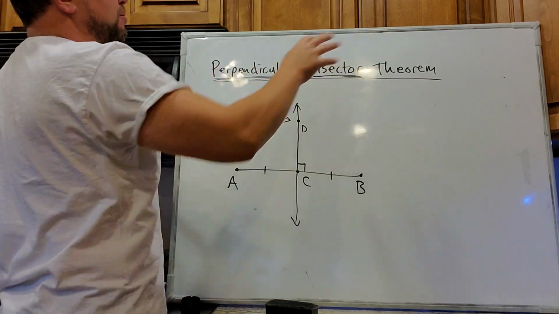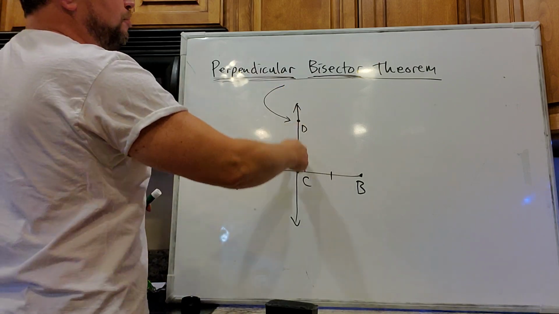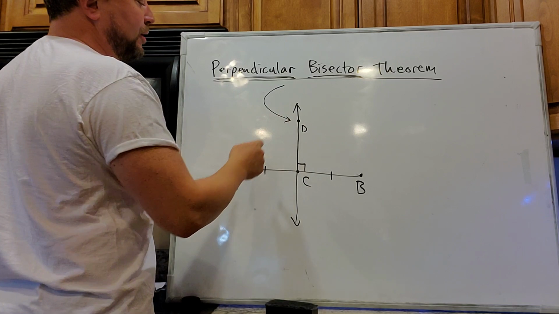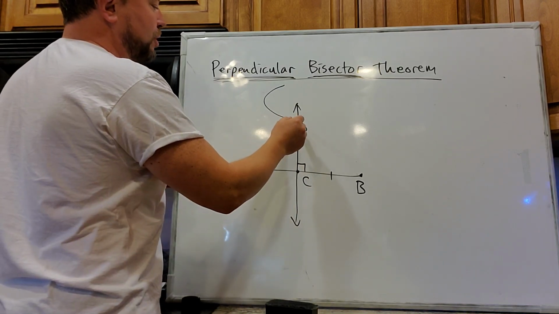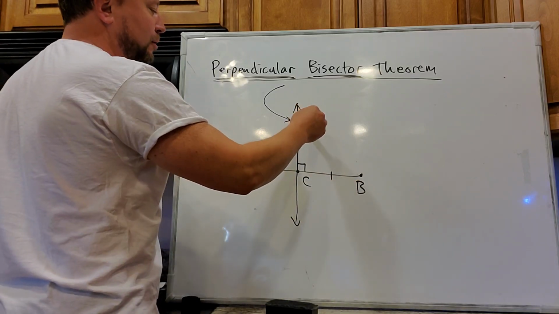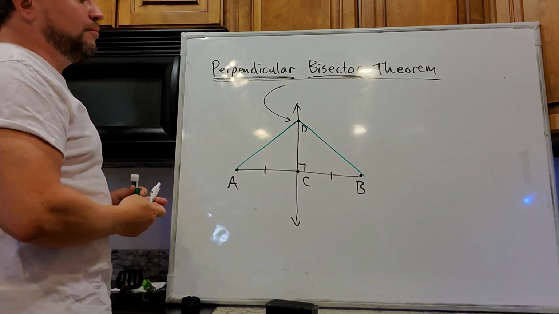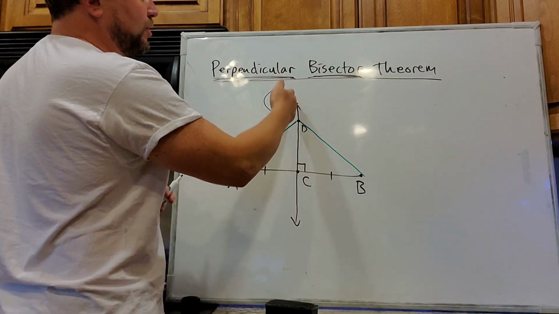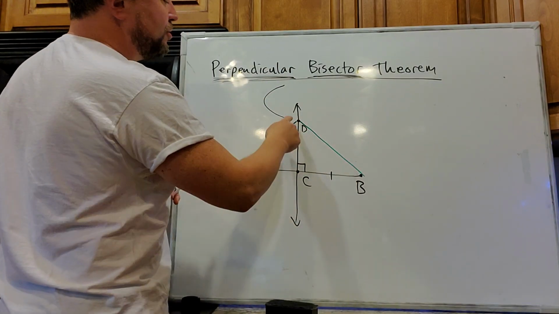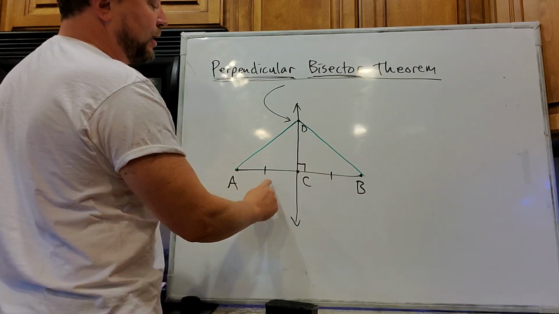Now, according to the perpendicular bisector theorem, what they say is that if you pick any points along this perpendicular bisector, like that point D right there, and then if you draw a segment from D back down to the ends of the original segment AB, so DA and DB, and if you do that, as long as the point D up here was on the perpendicular bisector, these two lines I just made are guaranteed to be congruent just like these two were.